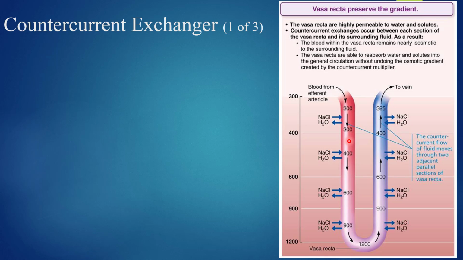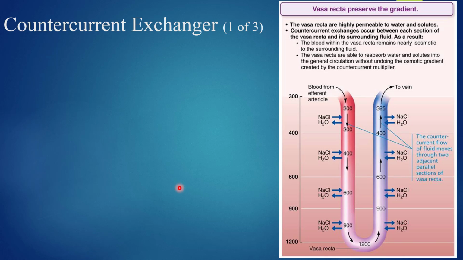The vasa recta is highly permeable to water and solute, and therefore it is the one that countercurrent exchanges the osmolarity in each section of the vasa recta.